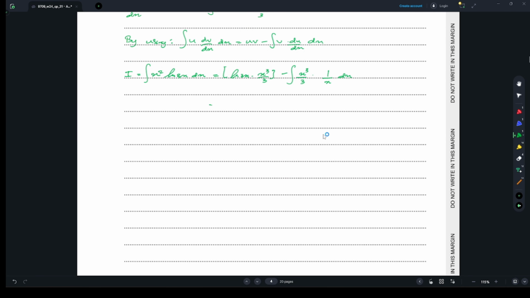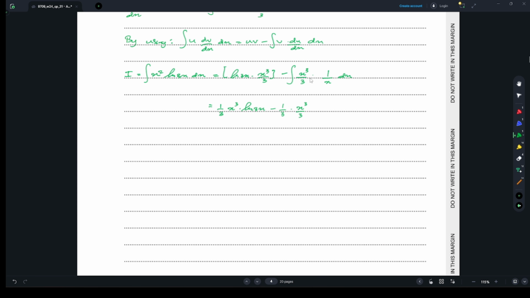So you can simplify this a bit. I will take 1 over 3 x cube times ln 3x minus, here I can cancel 1 x from here, so we have x square. 1 over 3 is a constant, and the integration of x square is x cube over 3.